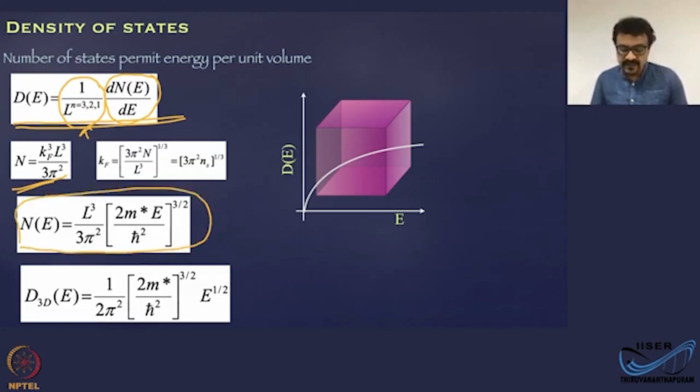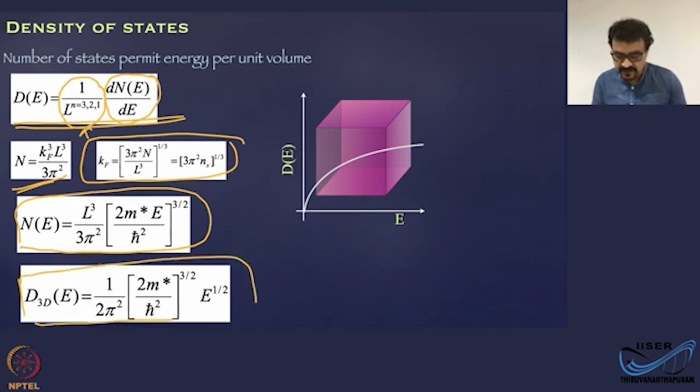Now all you need to do is take the derivative of N with respect to energy and divide by the volume. Then this L cube term will cancel out, and you will eventually get the expression for the density of states, and this is for a 3-dimensional solid.